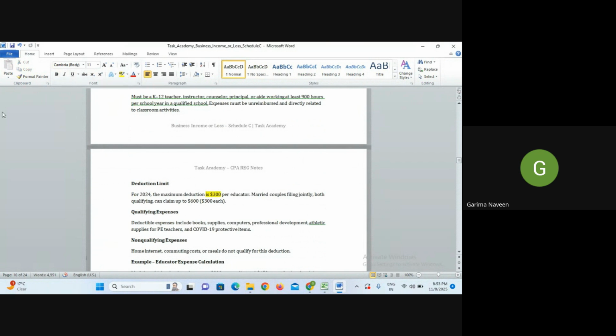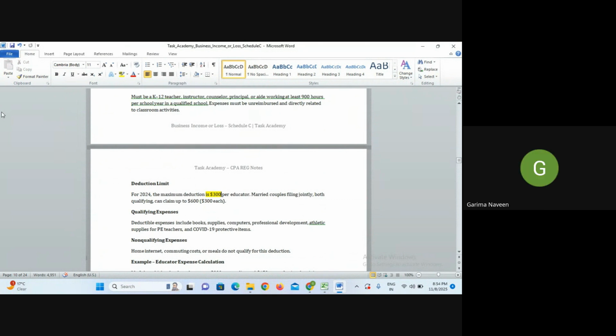It is for 2024. Ma'am, means we are spending our own money for some expenses and they are not reimbursed. So that part of money, yes, up to $300 can be deducted from the adjustment, as an adjustment.